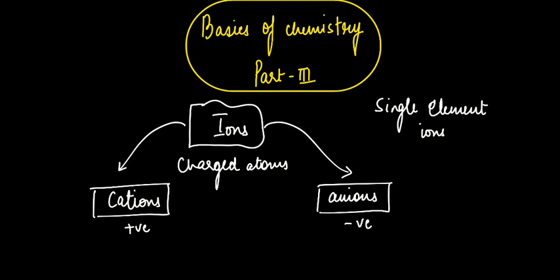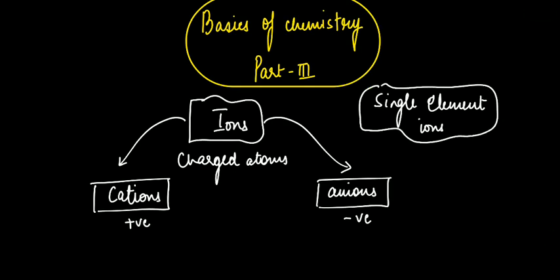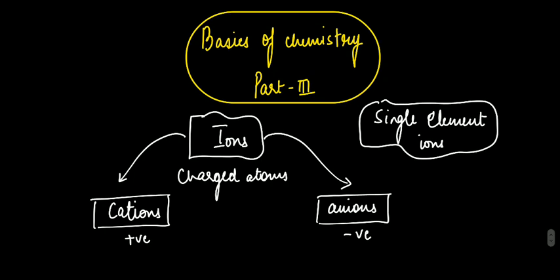I have a different way of teaching the radicals part. I always take up single element ions first, ions made up of only one atom or element. The radicals part, groups of atoms having a collective charge, I'll be discussing later. The whole goal over here is to make you memorize the ions so that you can easily write chemical formulas with full confidence.